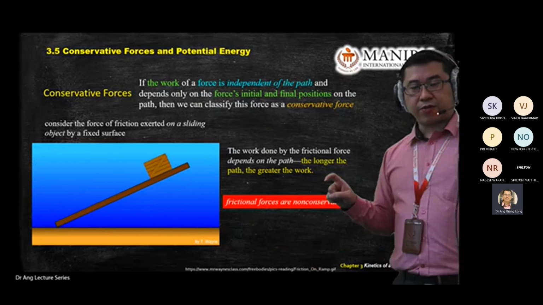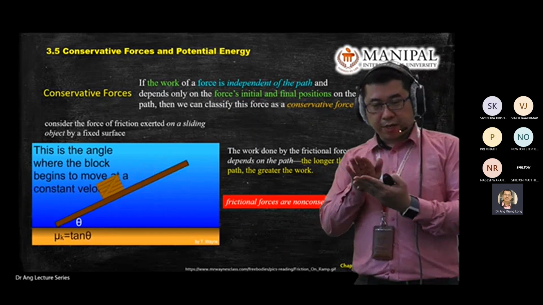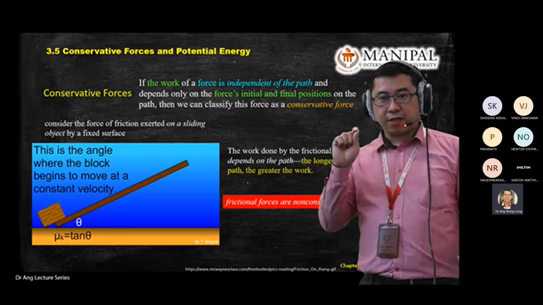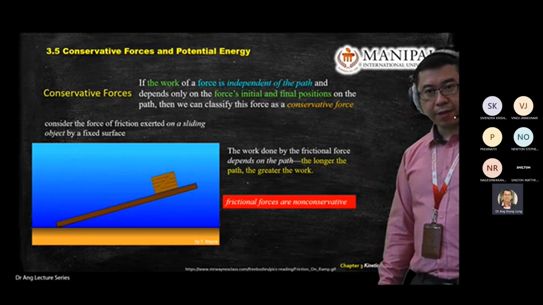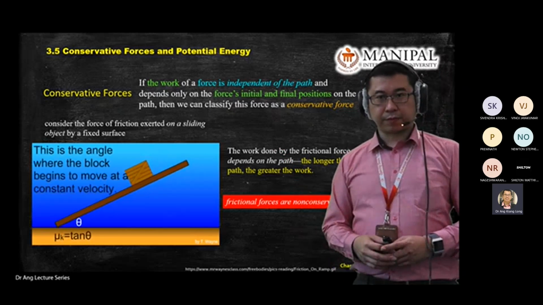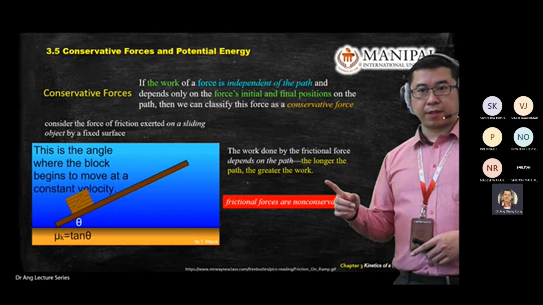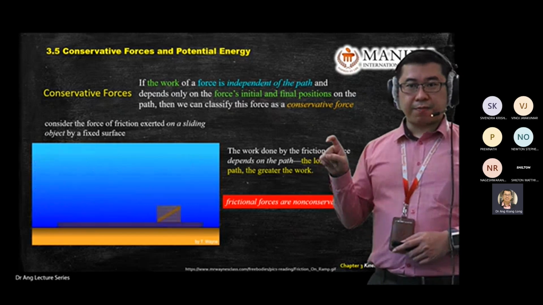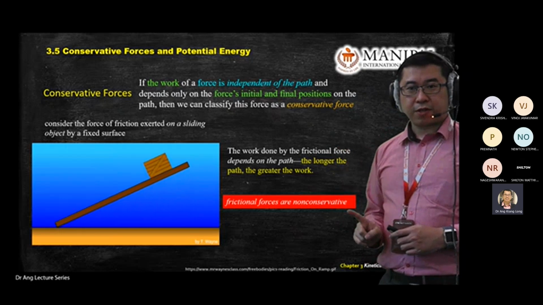Friction force is not conservative because the more contact surface you have, the greater the work done by the force. So you have to be careful every time you have friction. You have to know friction force is not conservative.